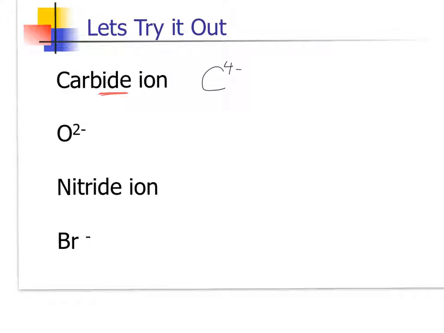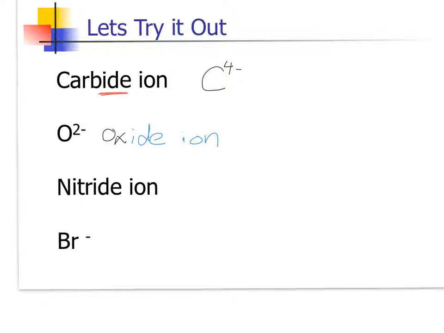Well, O is for oxygen, but because it's negative, I need to change the ending, and I need to drop, in this case, 4 letters to oxide ion.